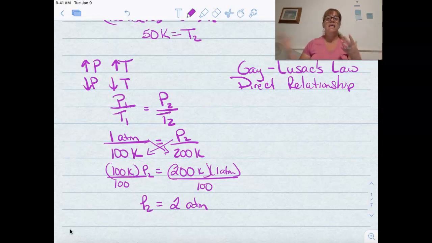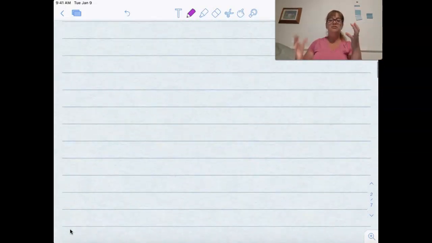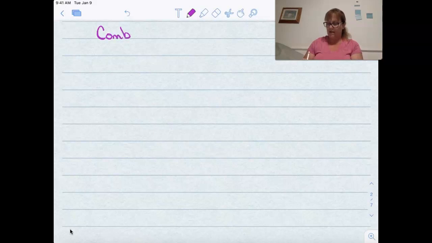Now, that's not always the case. In real life, you don't always get the opportunity to keep something constant. So when we look at all three of these men's discoveries, we see that there's a bigger relationship going on here. And what we're able to do is combine them into what is called the combined gas law.